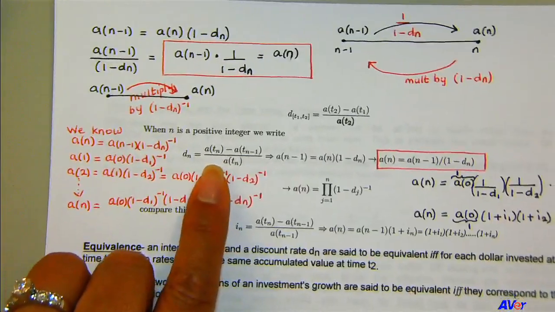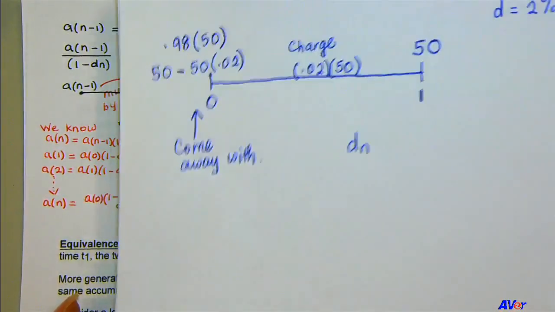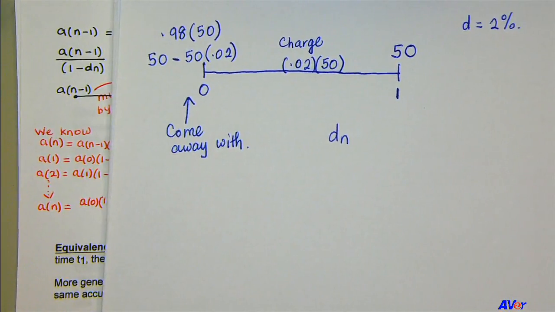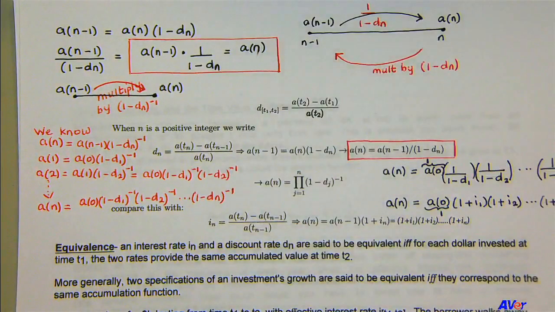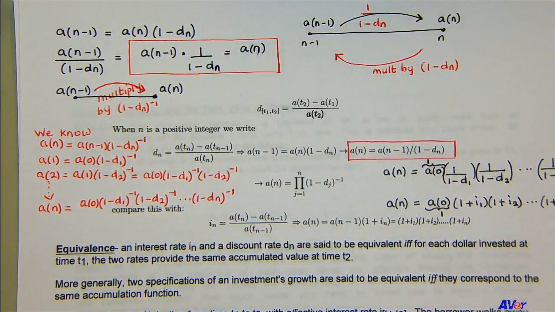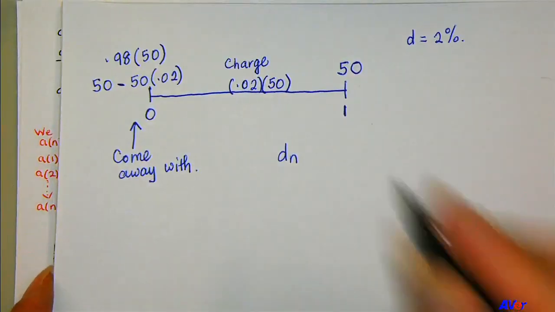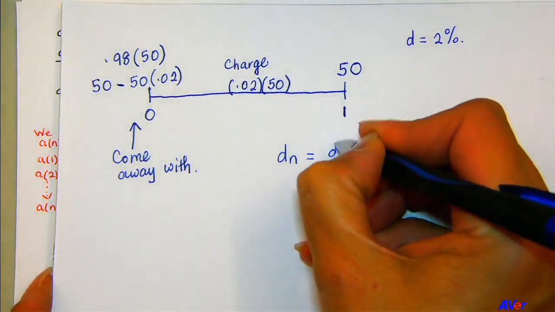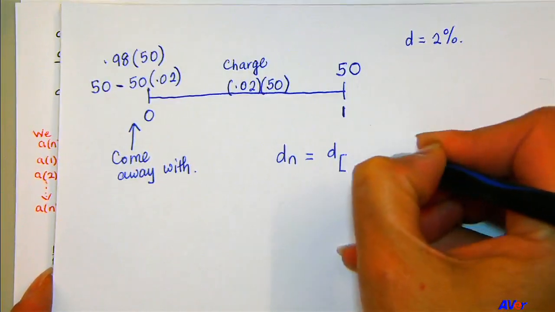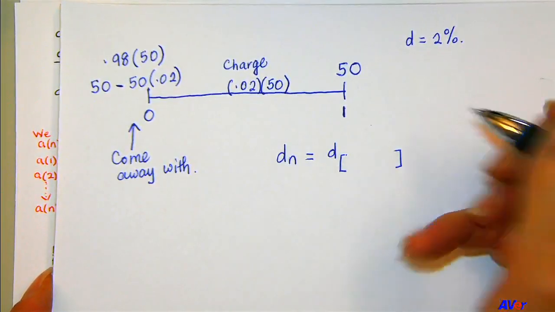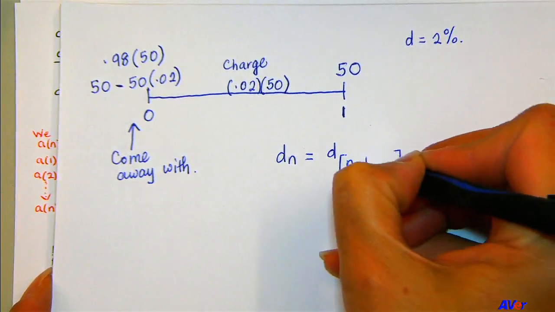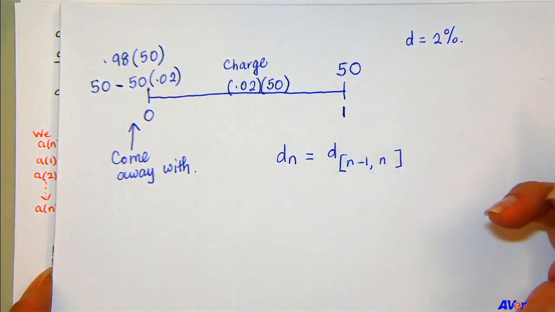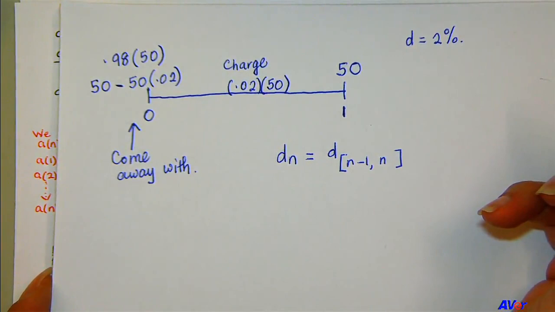Here's dn. What does that mean? Yeah, so it's a discount rate. So from what time to what time? Yeah, n minus 1 to n. The discount rate in the period n minus 1 to n.